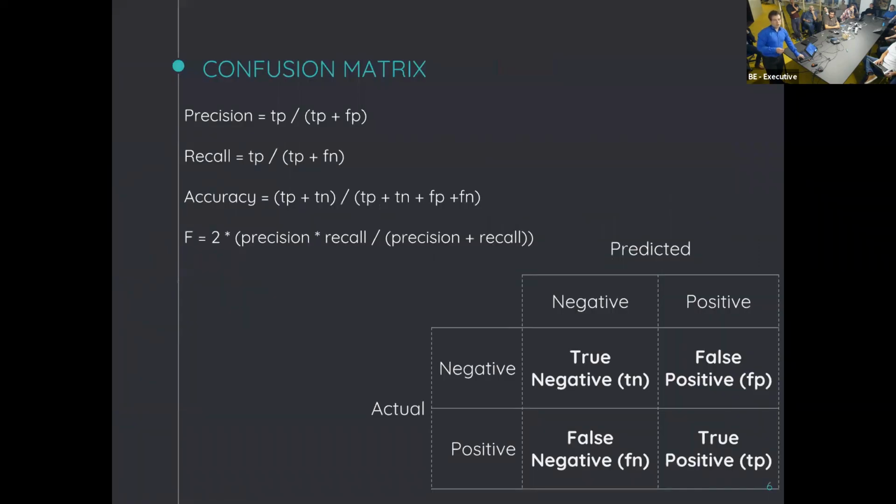There are other ways, namely recall and precision. Recall is true positives, so this is the number of things in this cell divided by the number of things in this cell, true positives, plus the number of false negatives. So we're basically just thinking about the positive class here. And precision is, again, this divided by this column.